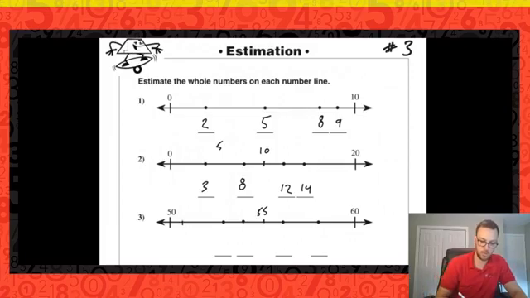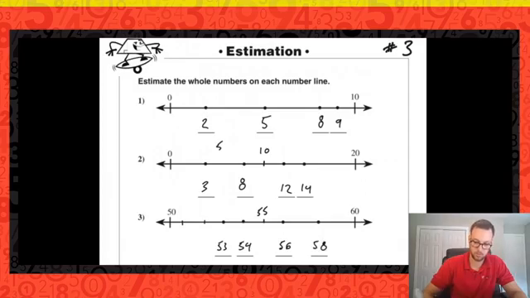We would have 51, 52, so probably 53 and 54 would be a good estimation. Then looking here, most likely going to be 56. And then our next point is a little bit further than that, so that would most likely be 58. Nice job.